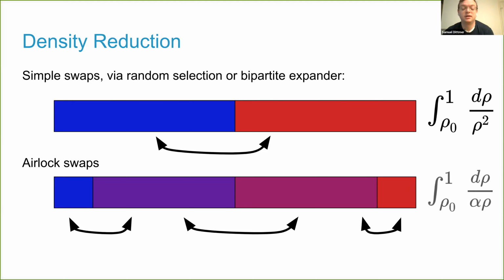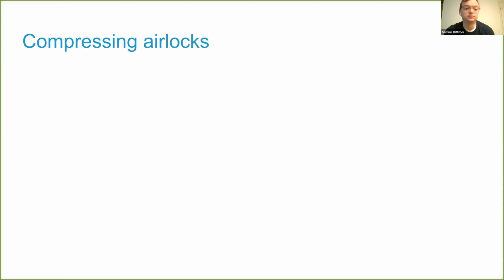On the bottom, if you keep the density of the purplish red section near alpha, you've replaced one of the rho terms with alpha, and so now you've dropped from basically 1 over rho to log rho in your cost. So this can be thought of as a trick, but I think it's a fun trick for controlling it so that you only need to tighten up the density in part of your array.